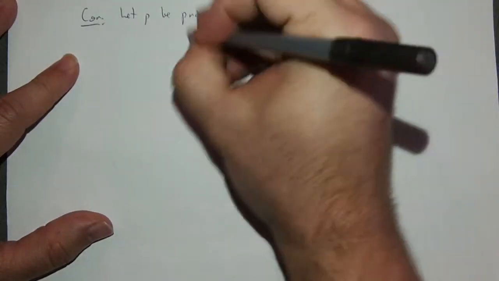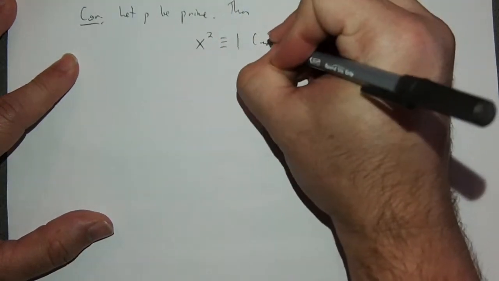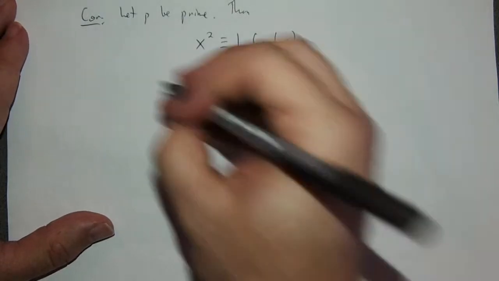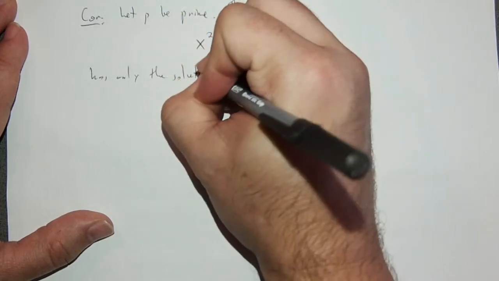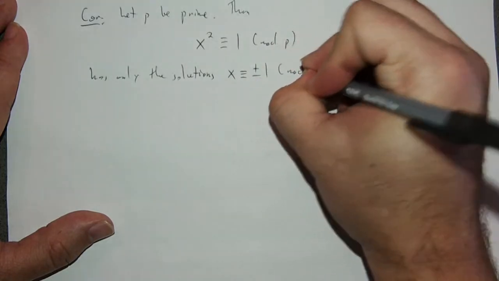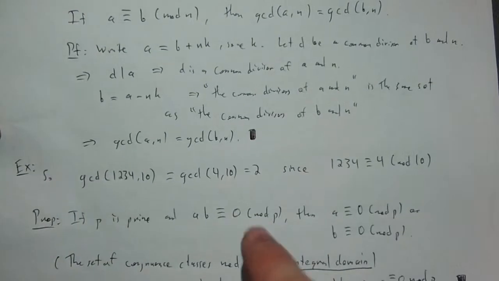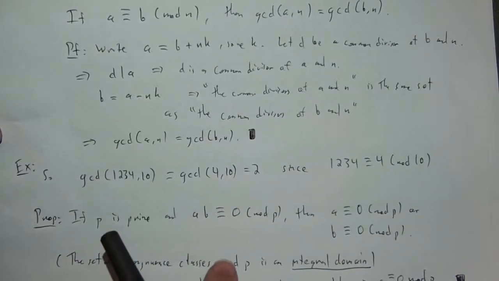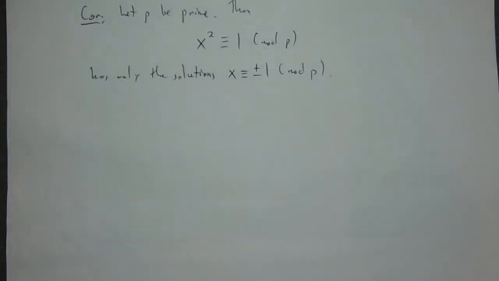Then x squared is congruent to 1 mod P has only the solutions x congruent to plus or minus 1 mod P. Both the proposition I just showed, that if P is a prime and A times B is congruent to 0 mod P, then either A or B has to be congruent to 0 mod P, and this corollary are not true in general.